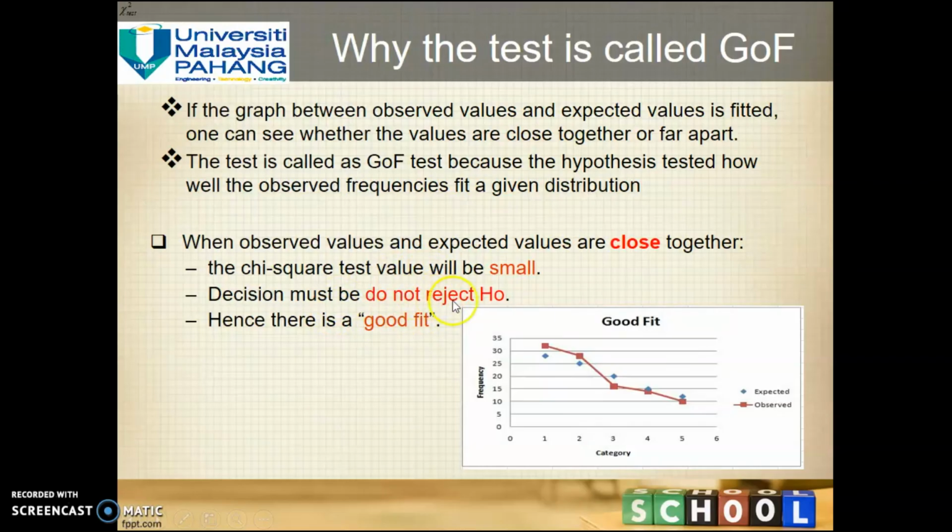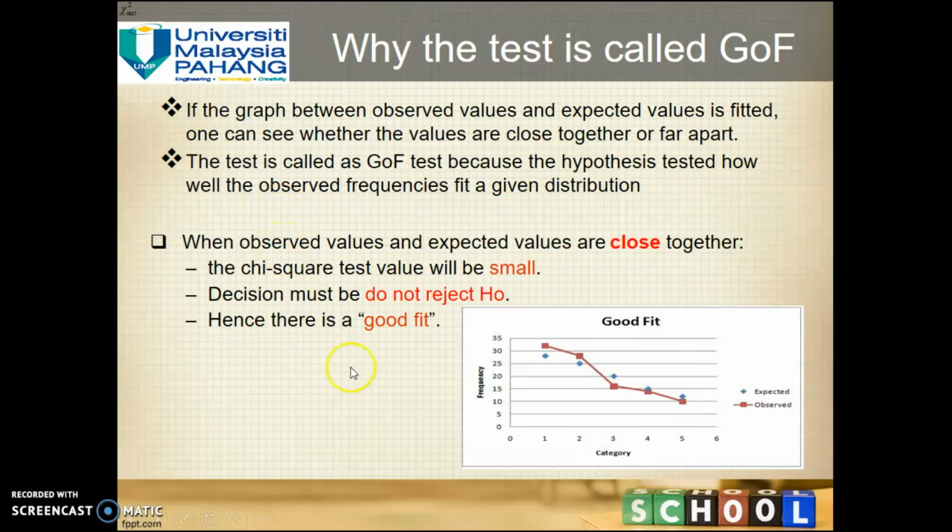Do not reject H0 means that there is no difference between actual performance and expected performance, no difference between the observed frequency and the expected frequency. So when you do not reject H0, we have a small value of the chi-square, then we have a good fit.